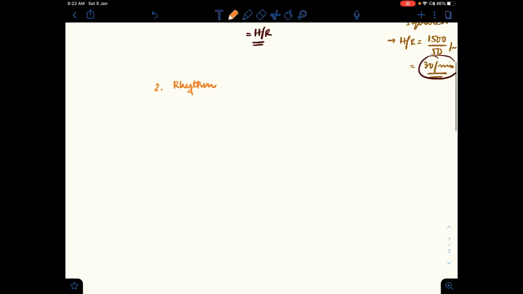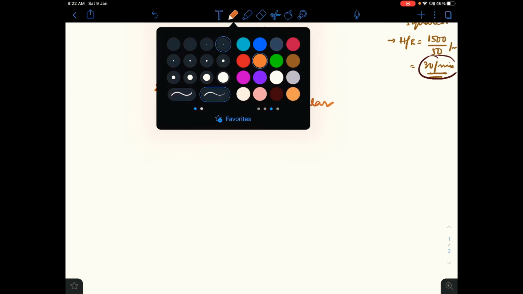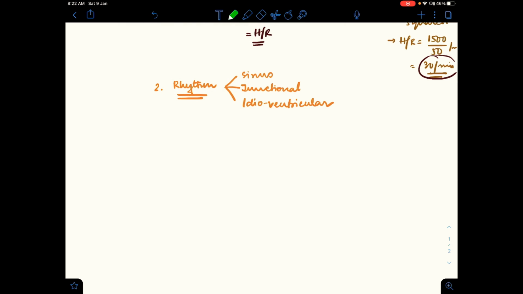The rhythm can be sinus, junctional, or idioventricular, which will also be discussed in a different module. This module will be on the P wave, which is the next thing that we have to check.